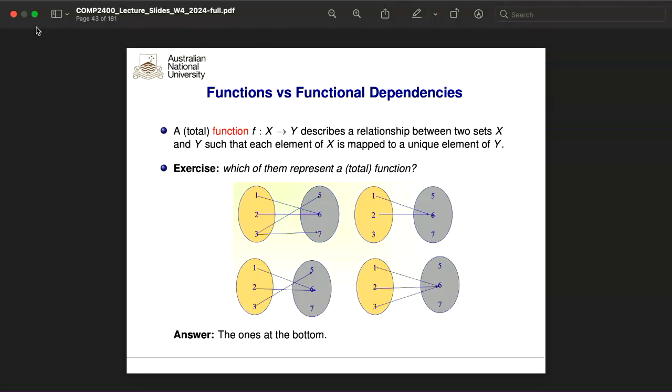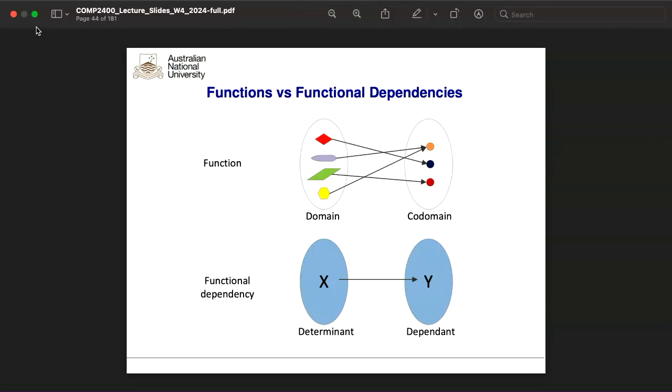Okay? Then, how does this relate to functional dependencies? You can see here now, we have x determines y. We call x the determinant, y the dependent. So it's kind of similar to the domain and the codomain.